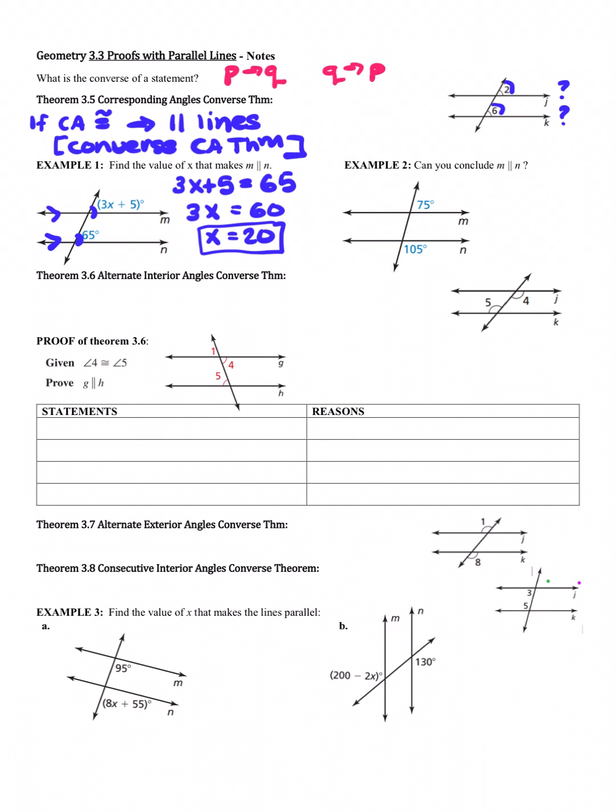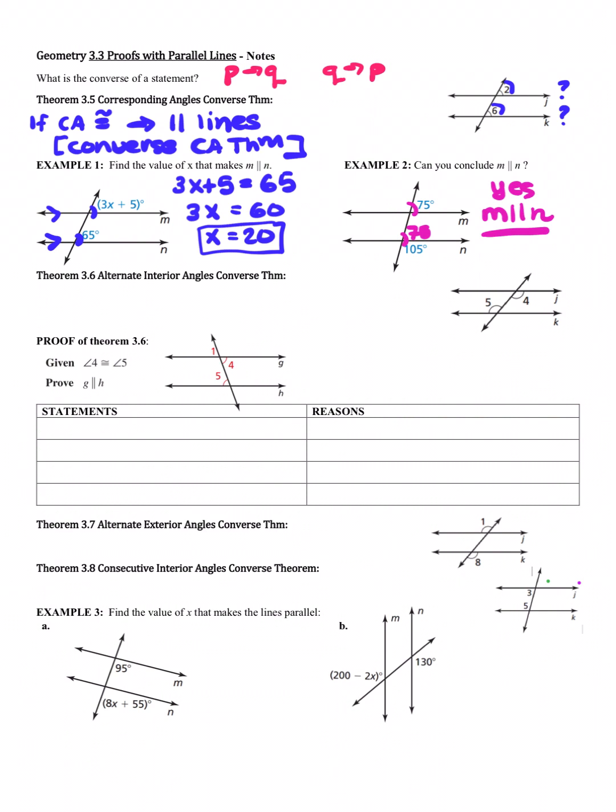Over here, if you don't have a specific relationship, you can kind of jump around. We know that if this is 75, this has to be 75 if those lines are parallel. And then 75 and 105 are supplementary. So because that all works, we know that M is parallel to N because the corresponding angles are congruent.